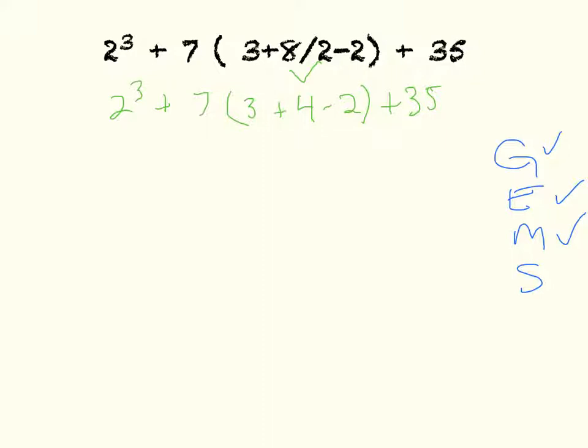What I have left now is my subtraction. So once again, it's addition or subtraction, and I always go from left to right. So in looking at this, the first thing I can do is my 3 plus 4, which is 7, and I can rewrite my whole problem one step at a time.